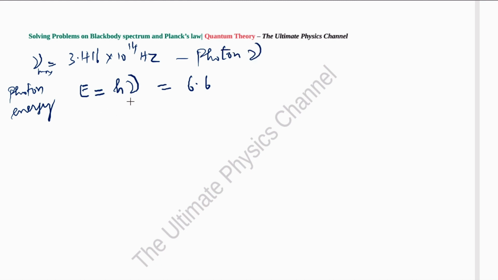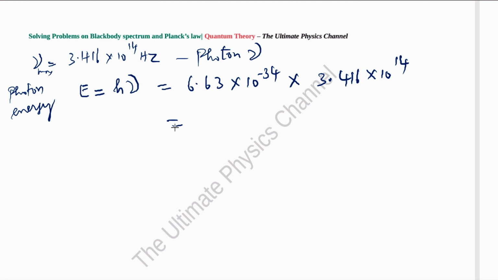because here nu is actually nu max, but that is taken to be the photon frequency nu. So photon energy is equal to h times nu, which is 6.63 into 10 power minus 34, Planck's constant, times the frequency that we have calculated, 3.416 into 10 power 14 hertz.